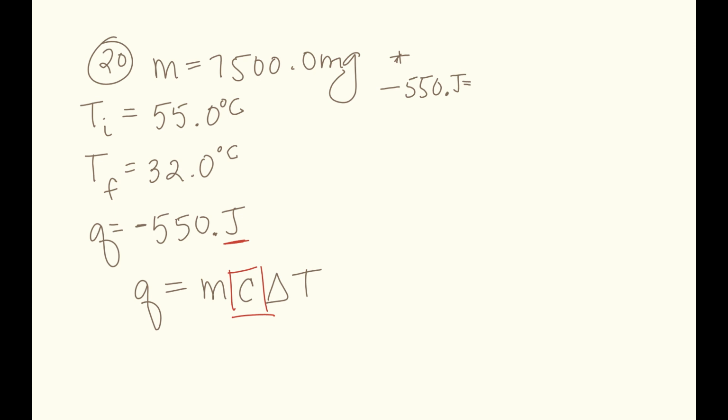Well, my mass right now is in milligrams, and that would be really nice to get to grams, so I'm not going to show you that calculation, but you'll need to show me the calculation going from milligrams to grams when you do this on the exam. So that will give you 7.5000 grams of substance.